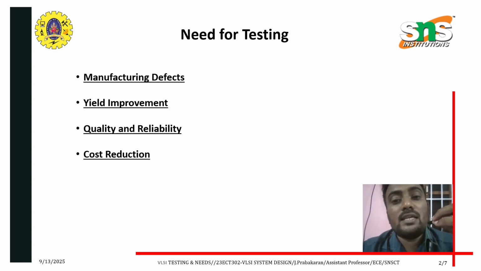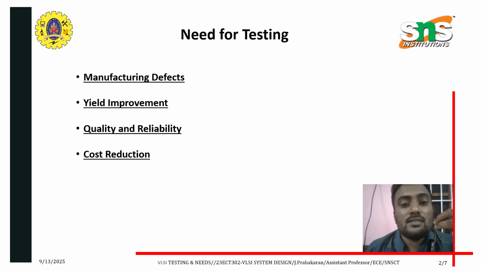Also, it ensures quality and reliability, reduces cost, and validates circuit functionality. Without testing, the probability of faulty chips entering the market would be very high, leading to failures in real world applications.